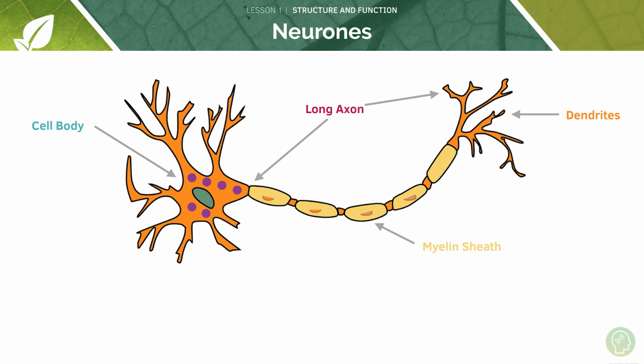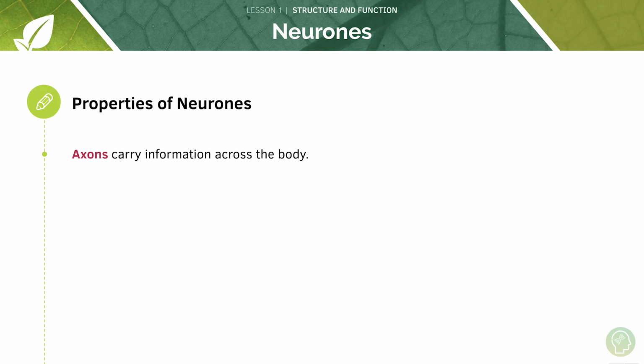So let's take a look at this in more detail. Axons carry information across the body, and the myelin sheath, which we saw was the yellow structure covering the nerve, are the insulating layers of fat, and they basically prevent your electrical impulse from escaping from your nerve cell, because we want the electrical impulse to be transmitted.